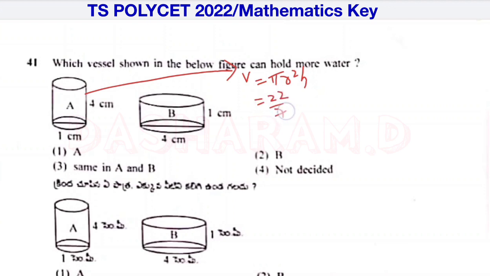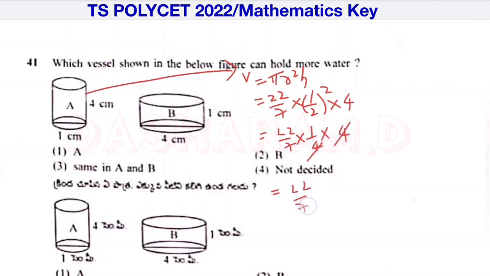Pi value 22/7, it is a diameter so the radius is 1/2, whole square, and height 4 centimeters. 22/7 into 1/4 into 4, the 4 cancels, 22/7, which is approximately 3.14 centimeter cube. This is the volume of the first cylinder.